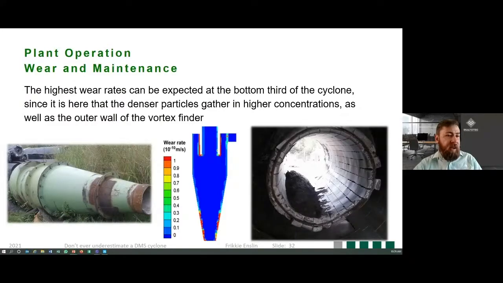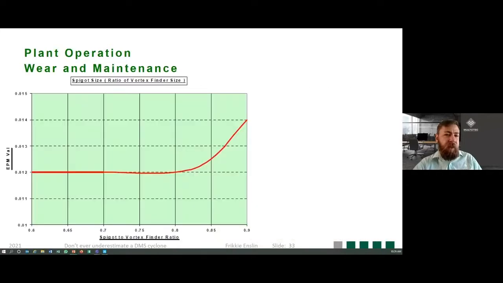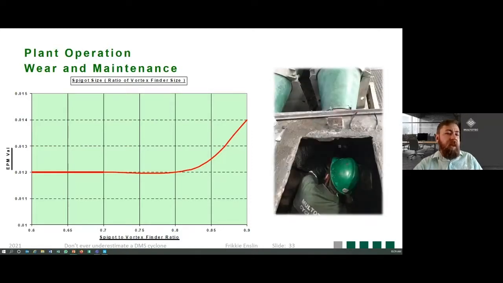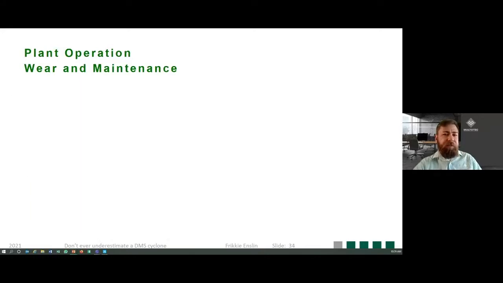As you can see there on the left, that spigot had some rough times. And then on the right, the vortex finder, you can see on the outside there's some extensive wear. Once again, this graph I showed you earlier, when you inspect your spigots, make sure that it doesn't exceed 85% of your vortex finder ID.